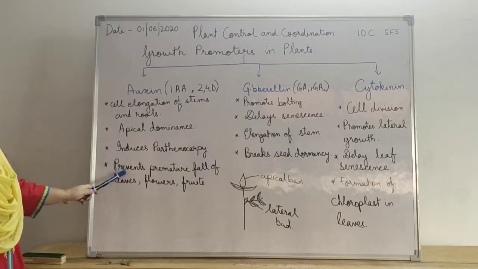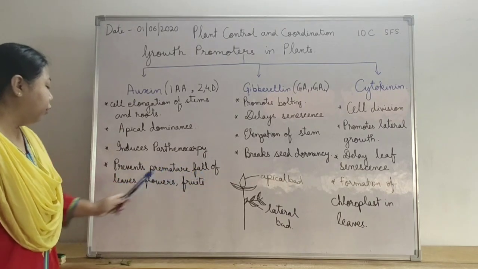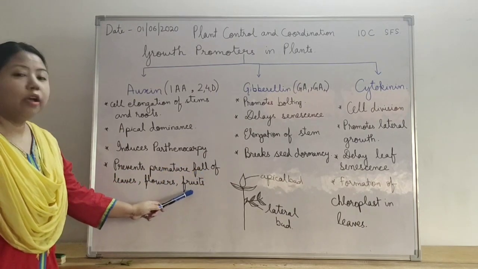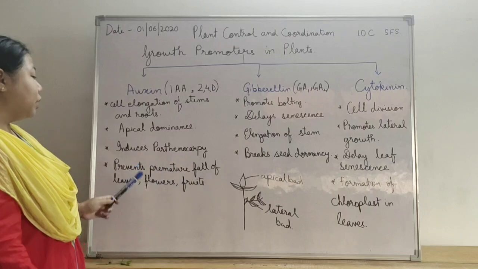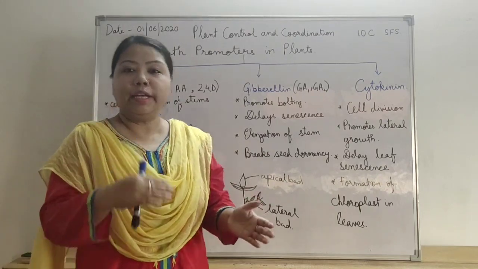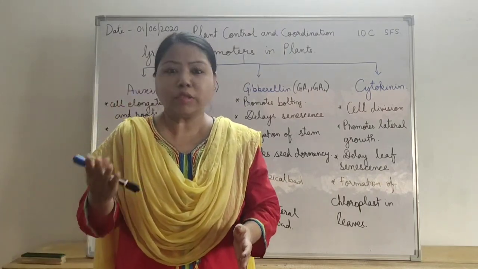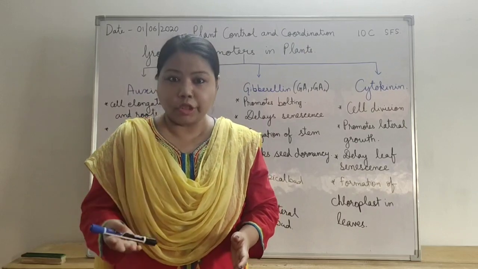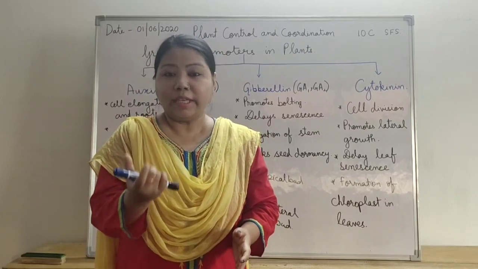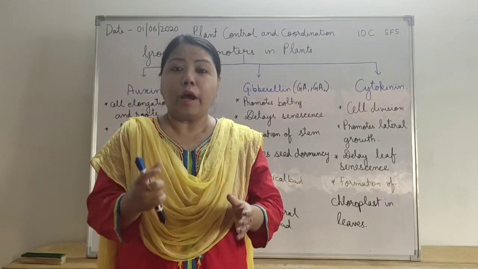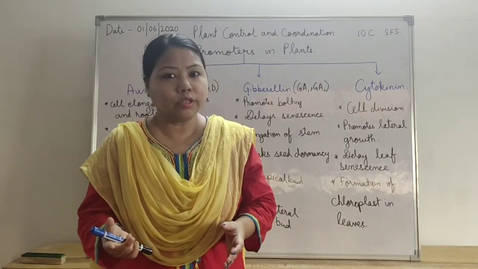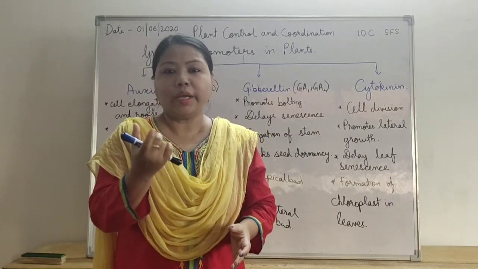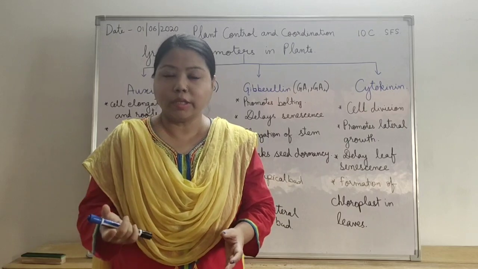Right? It prevents premature fall of leaves, flowers and fruits also. Premature means leaves, flowers and fruits of course fall when they are mature. When the leaves become yellow or the flower dries up, it falls on its own, or the fruit when it ripens, it falls on its own.